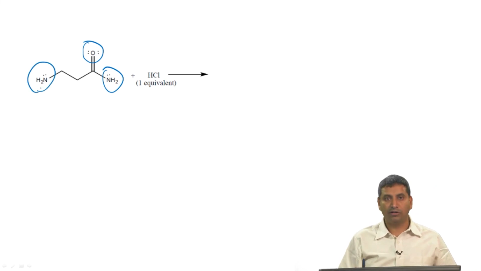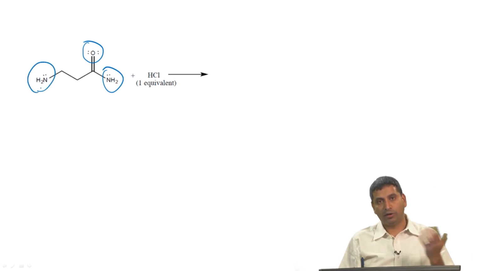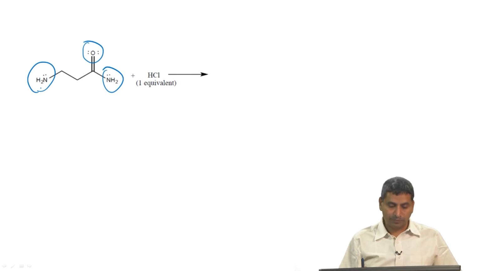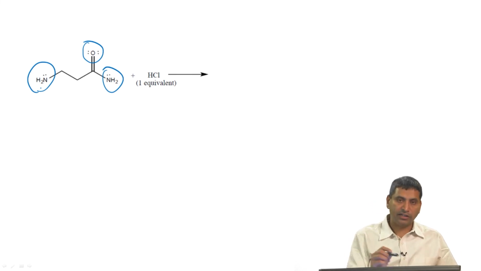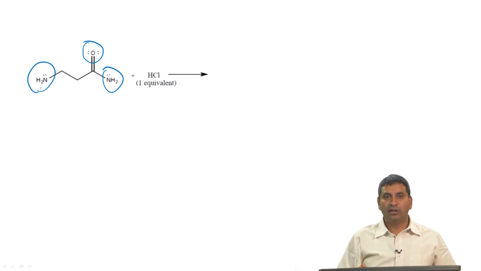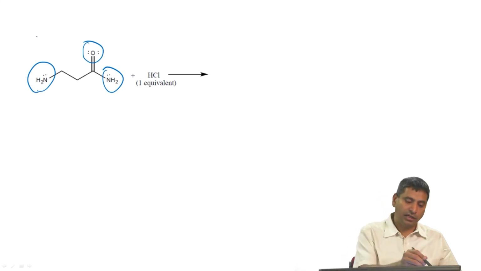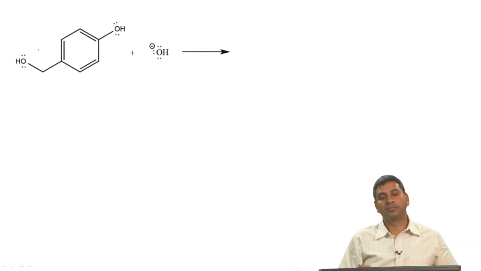Now, the last option is an amine whose pKa is estimated to be around 8 to 10. So, if I add exactly one equivalent of HCl, the first nitrogen that will get protonated would be the NH2 as shown here.